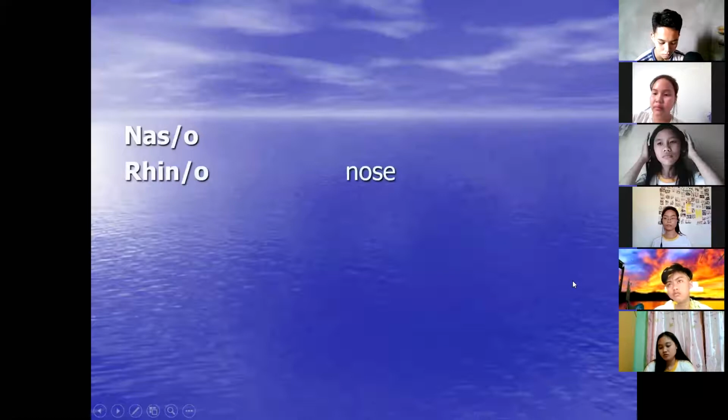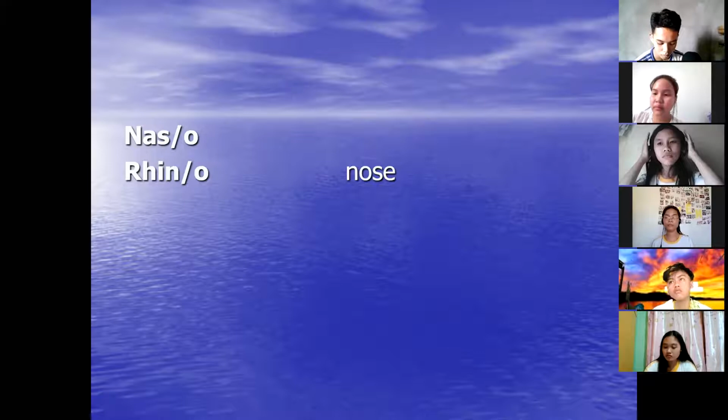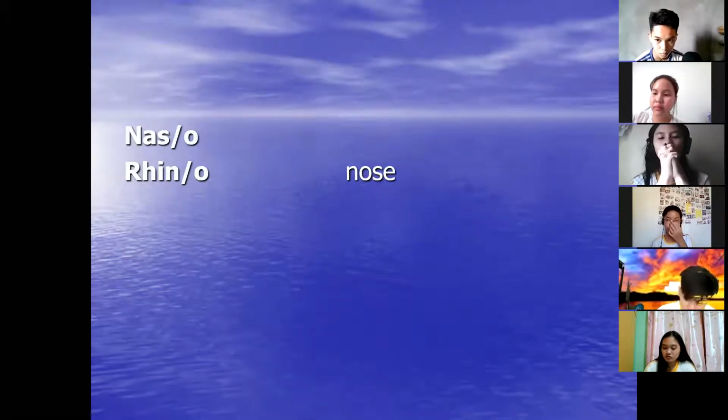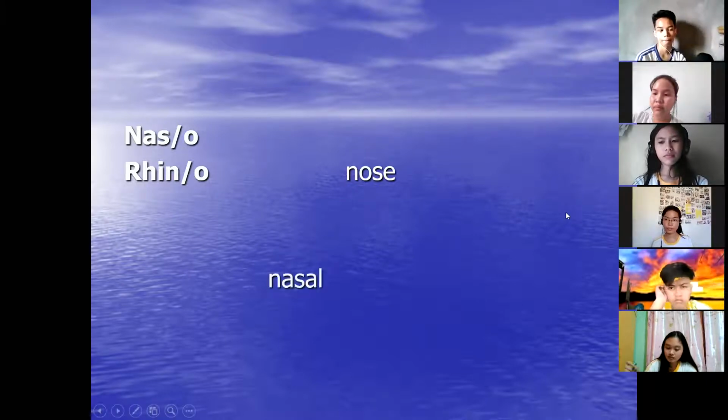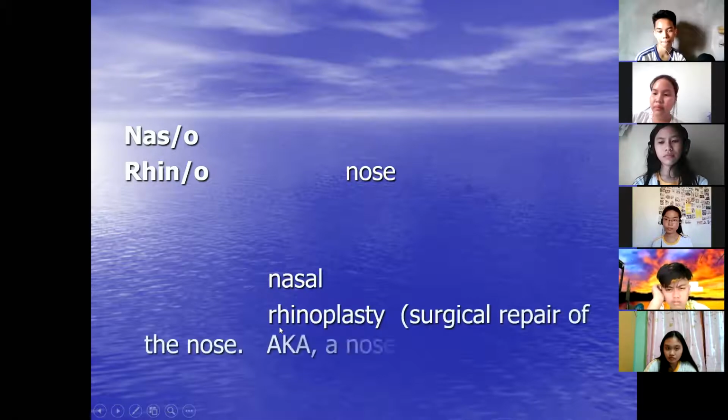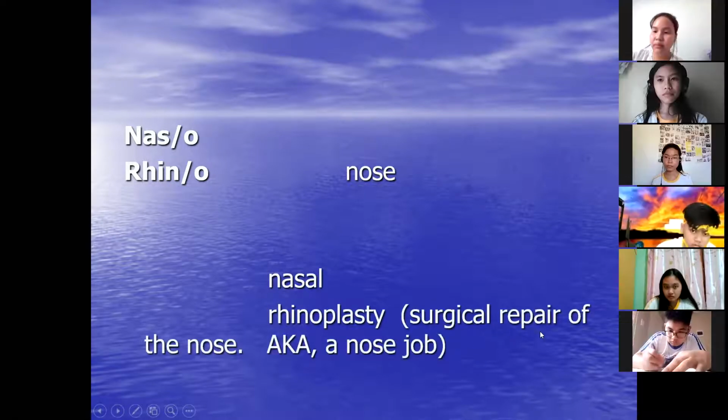Naso means nose, and the other medical terminology for naso is rhino. That is why if we have rhinitis, it's an inflammation of our nasal cavity, or the rhino cavity. So rhino or naso means nose. We have here rhinoplasty, surgical repair of the nose, aka nose job.